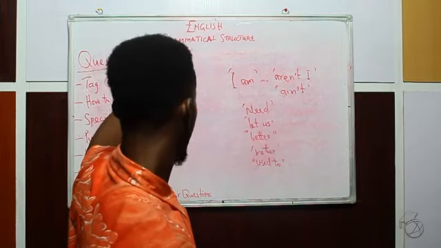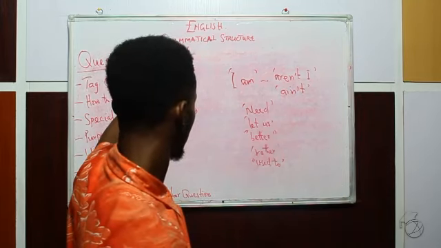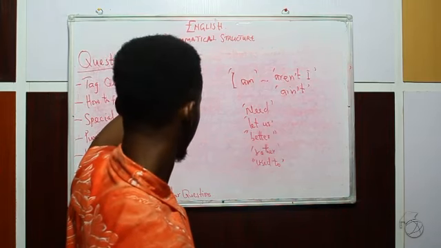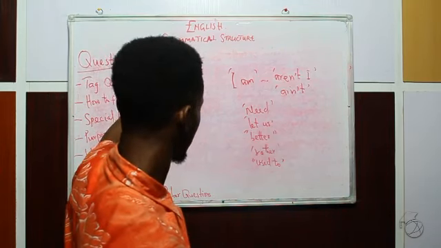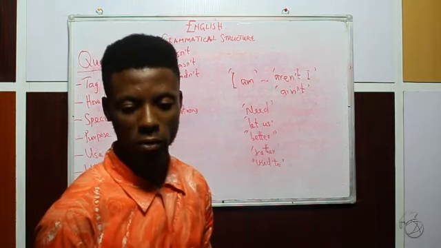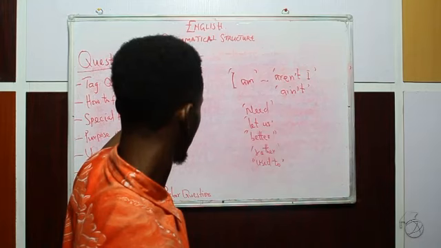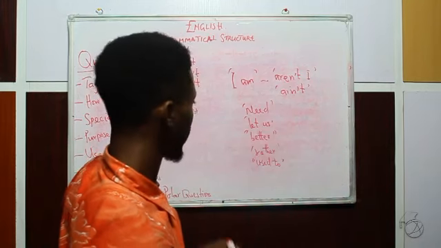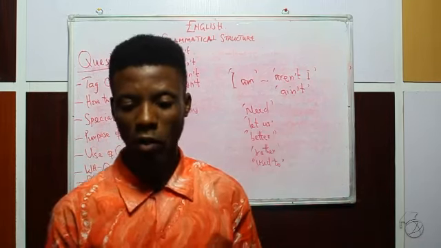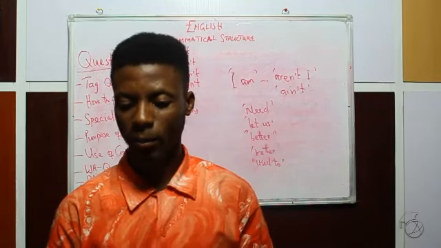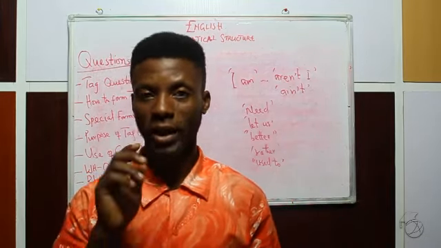We have hasn't instead of has not. Hadn't instead of had not. Didn't instead of did not. Note that the statement portion is always separated from the tag with a comma.